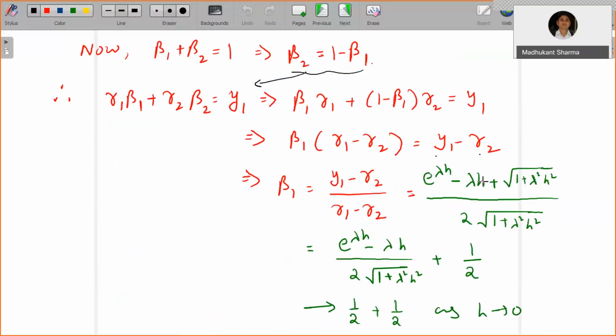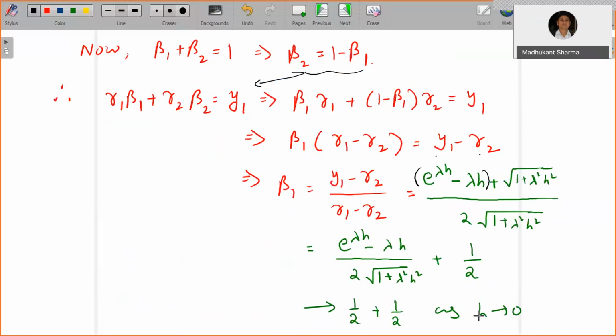Now this is of the form a plus b divided by some denominator, so that's a by this plus b by this. So the second term will be 1 by 2, and the first term will be e to the power lambda h minus lambda h, divided by 2 times the square root of 1 plus lambda square h square.